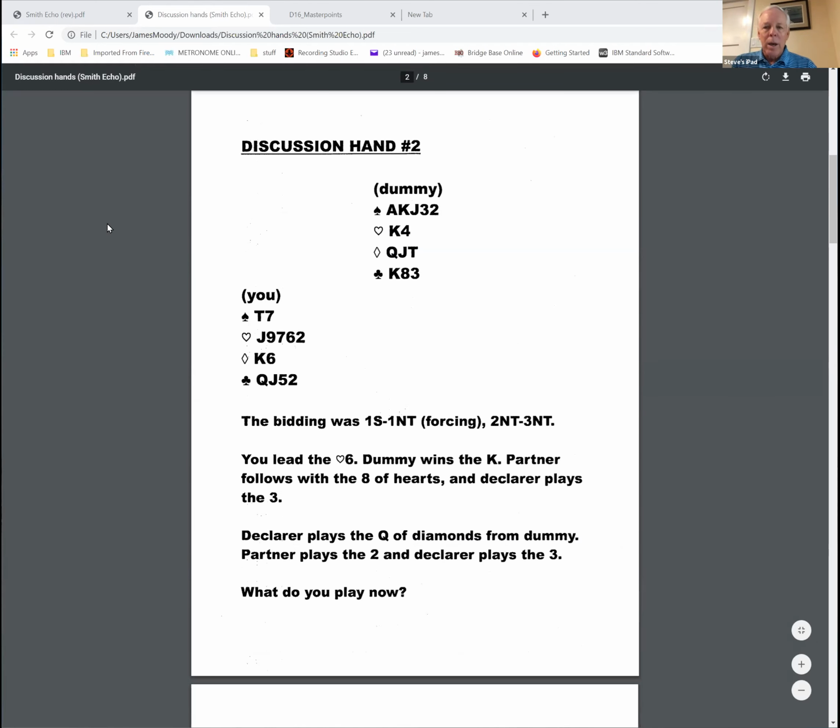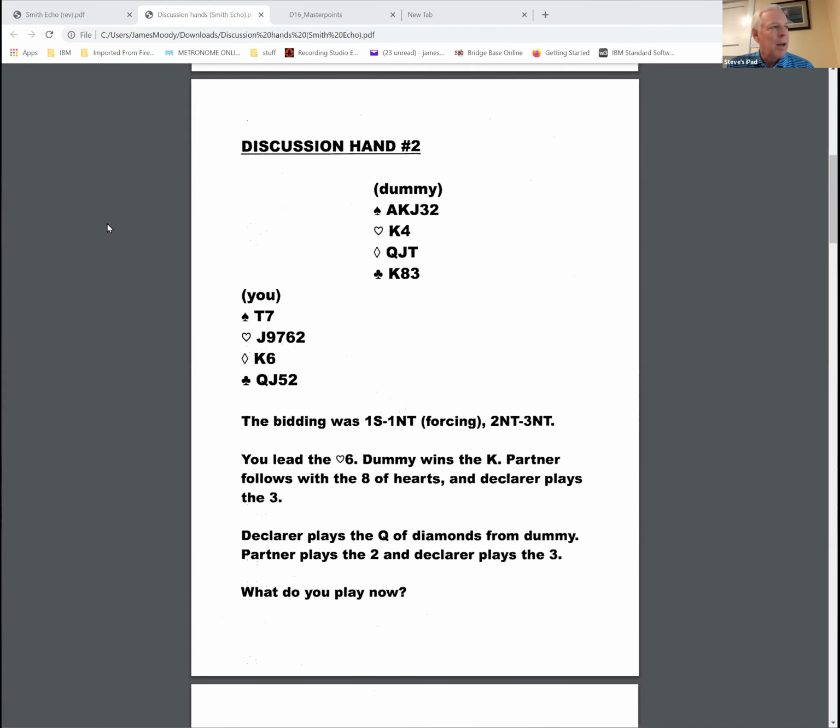Now, first, a word about the bidding. If you notice that dummy has 17 high card points. I have seen a lot of people who would say, oh, I have 17 points and I'm balanced and I'm not too worried that I have a 5-card major, so I'll open a no trump. That would be a significant underbid on this hand.